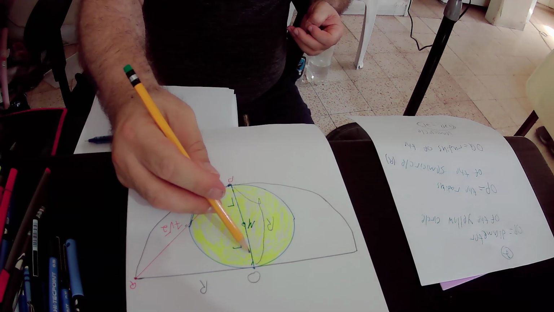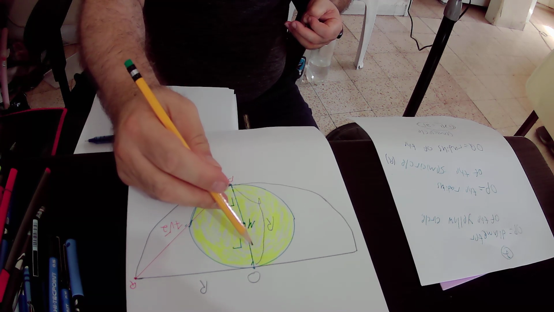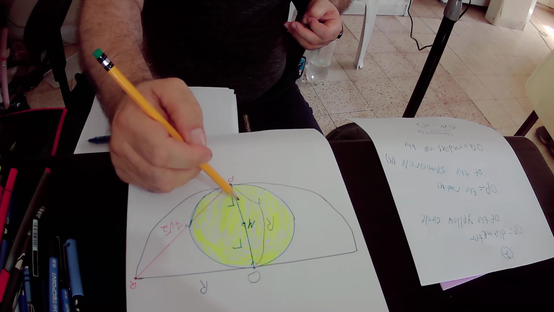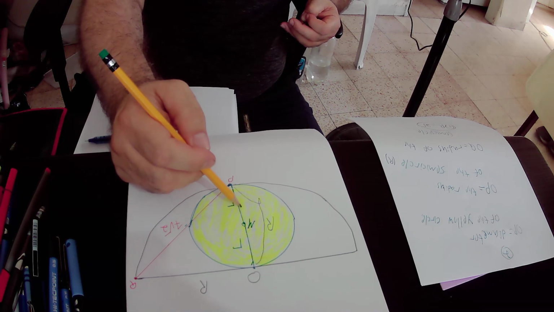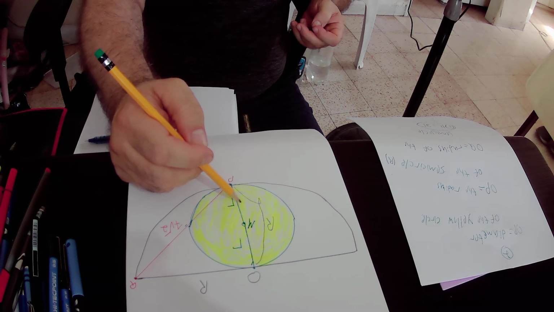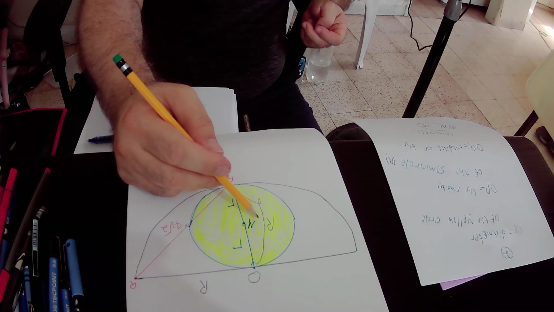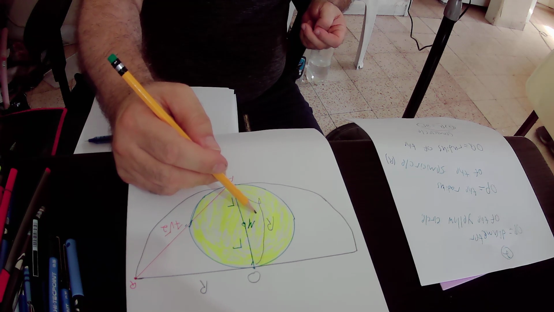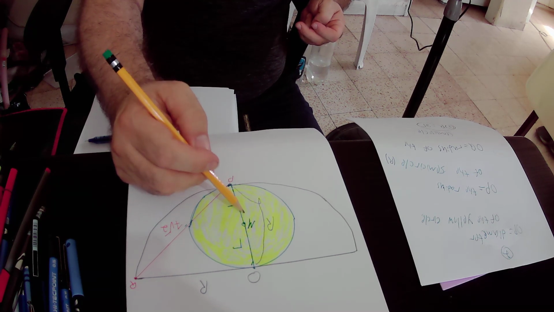The diameter OP is the diameter of the yellow circle. That is to say, OP equals 2 times small r. But OP is also the radius of the semicircle. So OP equals both the radius of the semicircle and the diameter of the yellow circle.